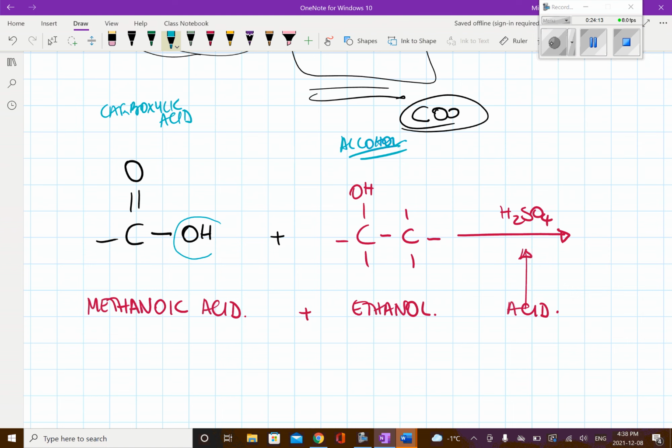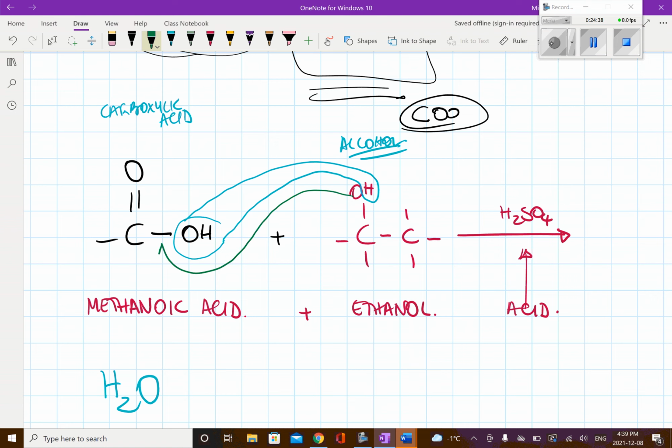This hydroxyl group is reacting with one of the hydrogens of the alcohol to form water. And then this oxygen is replacing the hydroxyl group.